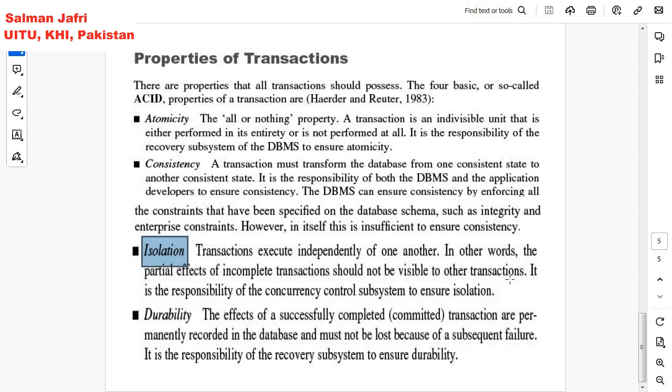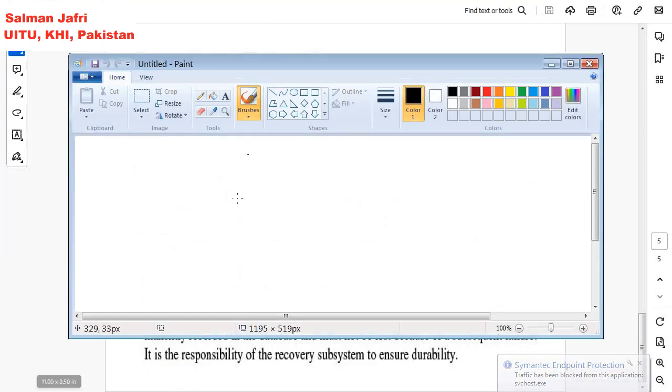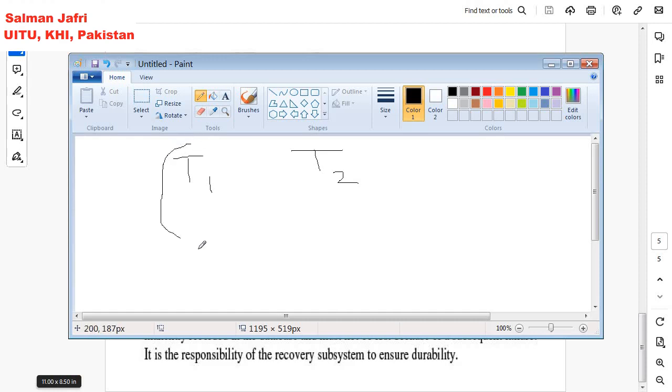So if transactions are working independently of one another, if transaction T1 and transaction T2 are operating, right, and transaction T2 depends on the results of transaction T1, then unless and until the full transaction T1 has completed, transaction T2 should not have access to the changes created by transaction T1, right? So transaction T1 should have completed and made the database consistent so that transaction T2 can access the data. That is the idea.